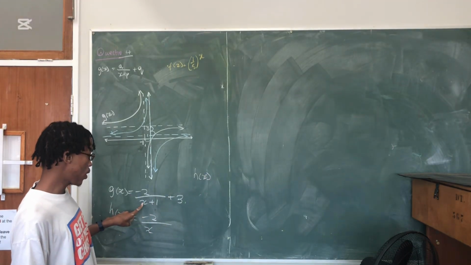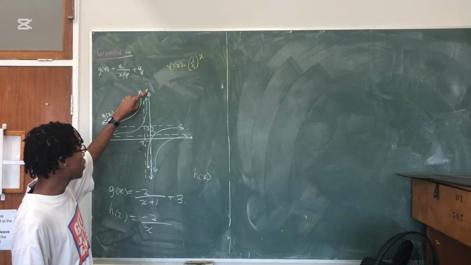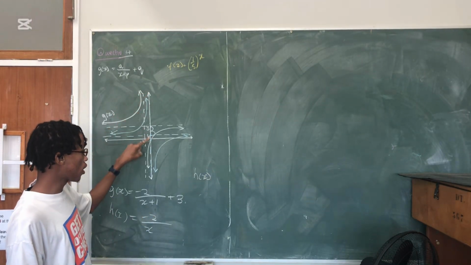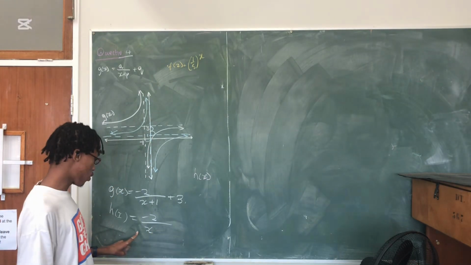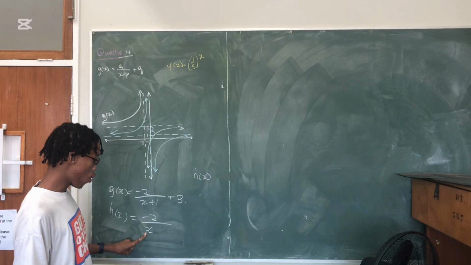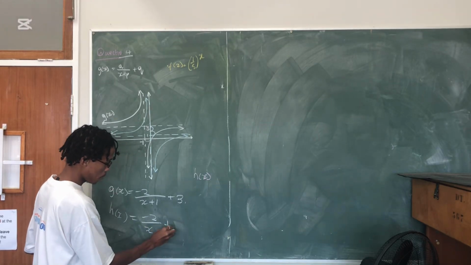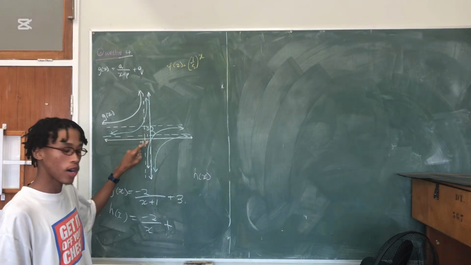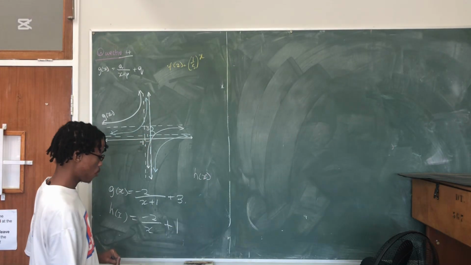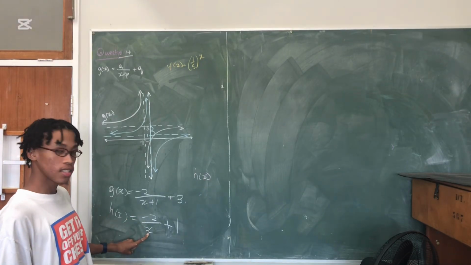Initially we had x plus 1. Now, because our vertical asymptote is sitting along the y-axis, we're not going to have anything here. So it's just going to be negative 2 over x plus, because our new horizontal asymptote sits at positive 1, it's going to be 1. So our new equation is going to be negative 2 over x plus 1.